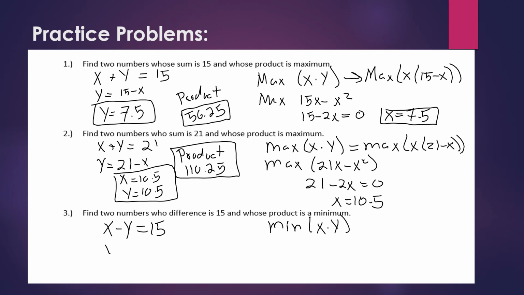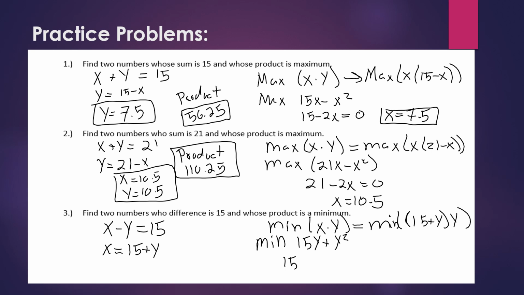If I solve for x in this problem, I get x equals 15 plus y, which means that I am going to minimize 15 plus y times y, which means I'm trying to minimize 15y plus y squared.